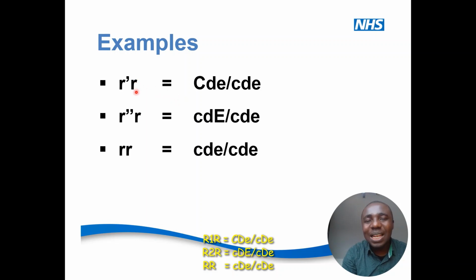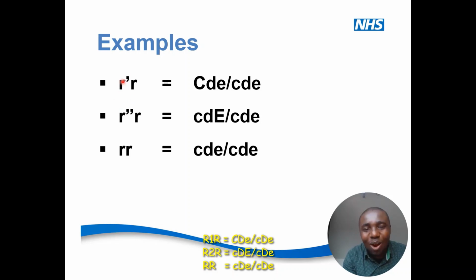But because they just say little r, they didn't put 1, they didn't put 2, it means there is no big C, there is no big E. That means what you're going to have is small c and small e. Once there is no 1, that means it's a little c. Once there is no 2, that means it's a little e.